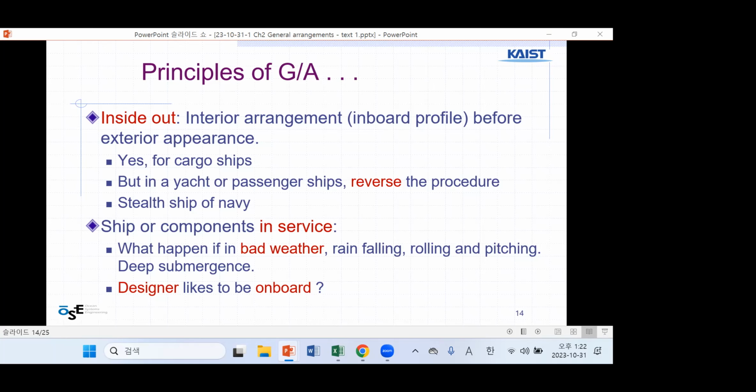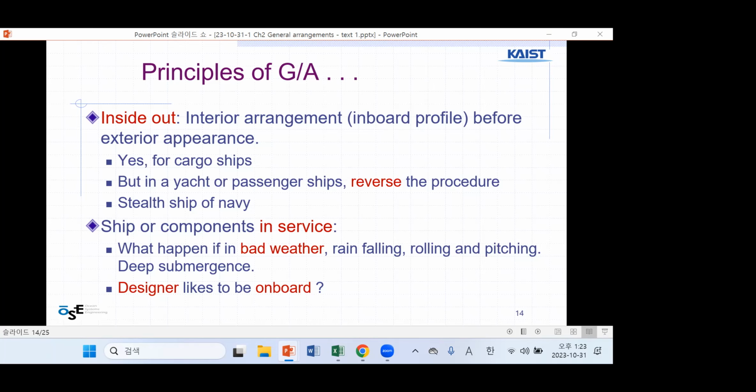And then there's also the principle of inside out, the interior arrangement before exterior appearance. Because for a cargo ship or battleship, especially cargo ships, the internal arrangement is more important.